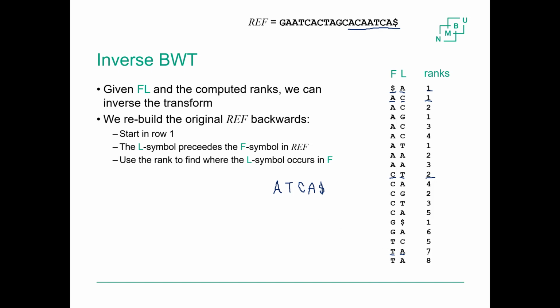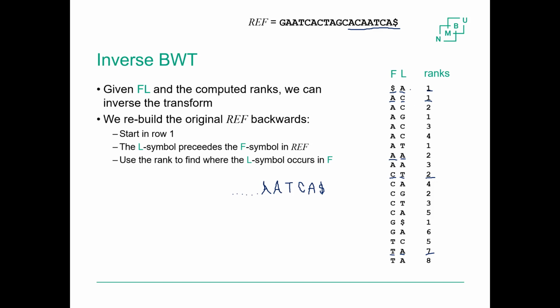So this was A number 7, right? And then we go in and find A number 7. 1, 2, 3, 4, 5, 6. This is the one. And it's preceded by another A. Yeah. And so on. And we build this gradually up like this. And we get exactly the same reference as we started out with.